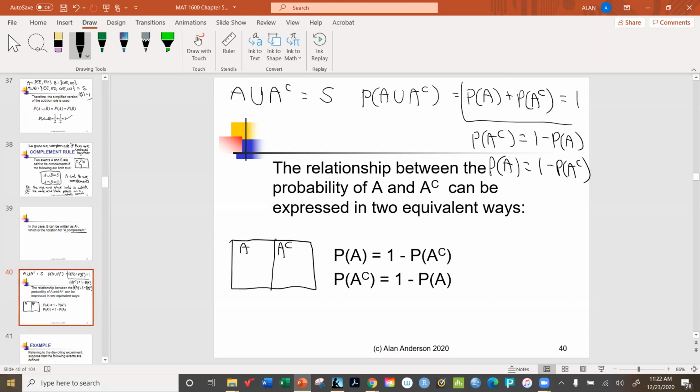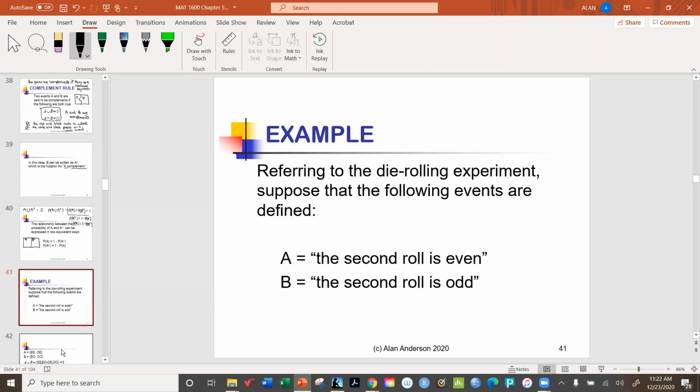All right. So how about this case? Based on the same dice rolling experiment, A is the event, the second roll is even, EE, OE, and B is, second roll is odd, EO, OO.